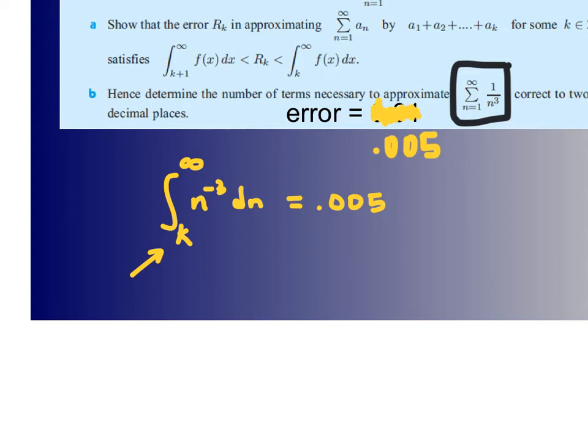If I integrate n to the negative third, that would be negative n to the negative 2 over 2, evaluated from k to infinity. And I want it to equal 0.005, which, in case you didn't know, is 1 over 200. So I want to find out how many terms I've got to go out in order to get an error of 1 over 200, or to be that accurate.